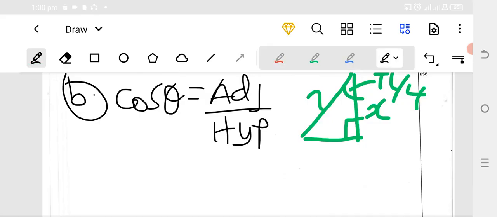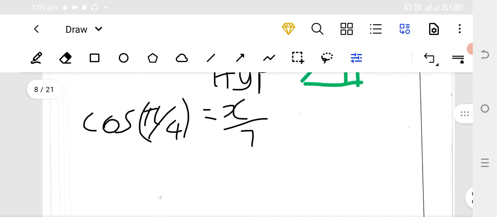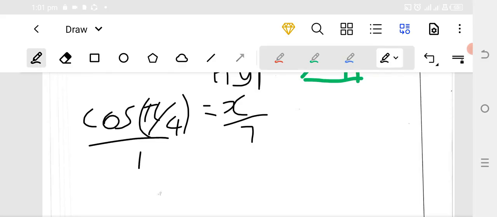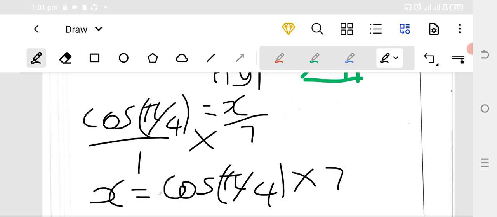We are going to say cos theta, theta is pi over 4, so cos pi over 4 is equal to the adjacent, which is x, divided by the hypotenuse 7. To continue, x over 1 is equal to cos pi over 4 times 7.